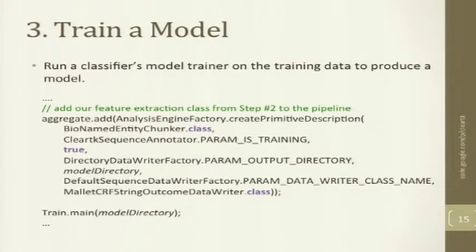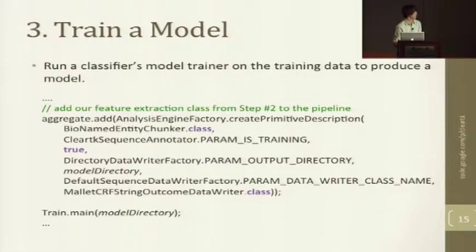So once we've defined which features we're going to use and we've extracted them to these instances, we need to train a model. And here I've included some code that's actually from ClearTK. Essentially, what we're doing here is adding to the pipeline of analysis engines the particular feature extraction class that we used, as well as at the bottom we have the Mallet CRF string outcome data writer, which is the particular machine learning classifier that we're using.